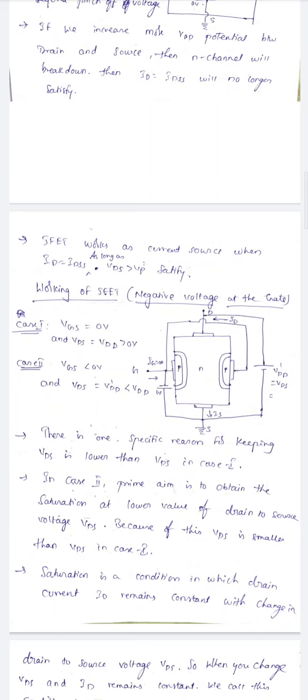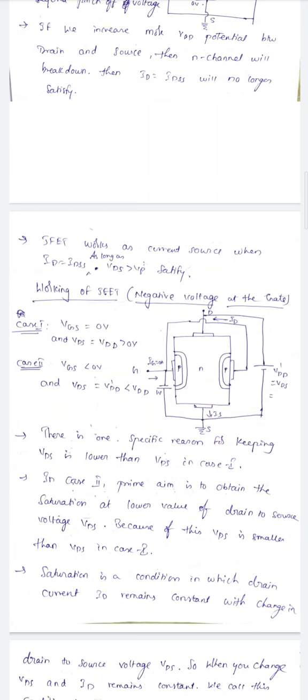In this case the potential between the gate and source should be negative. In case 1, the VGS, the potential between the gate and source terminals, is equal to 0.